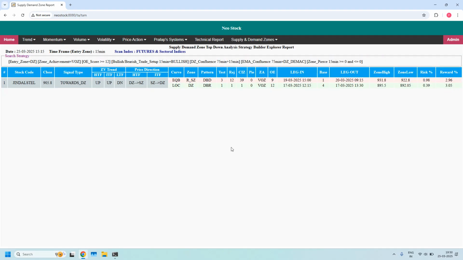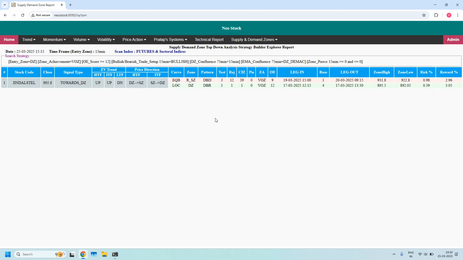So we got only one stock. So this 15 minutes demand zone has a higher probability of success. Already it is tested. Okay. So this is about the bullish trade setup for daily income trade, with LTF and ITF demand zone confluence and ITF EMA confluence.